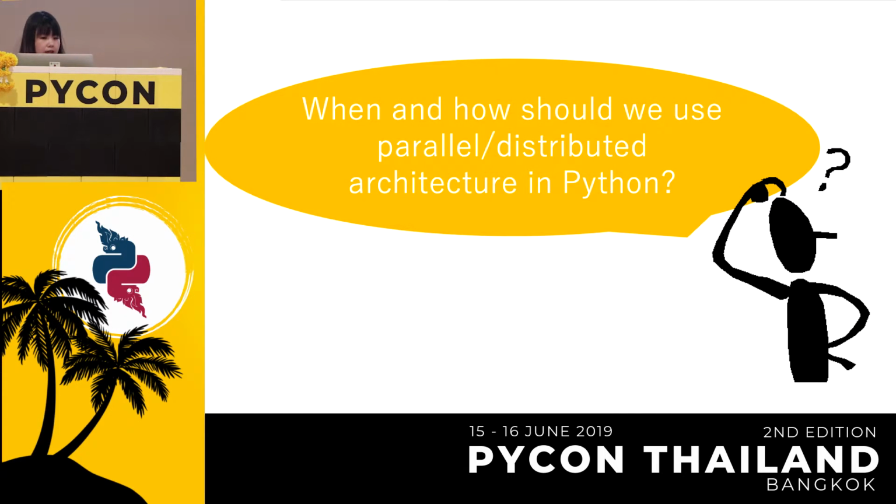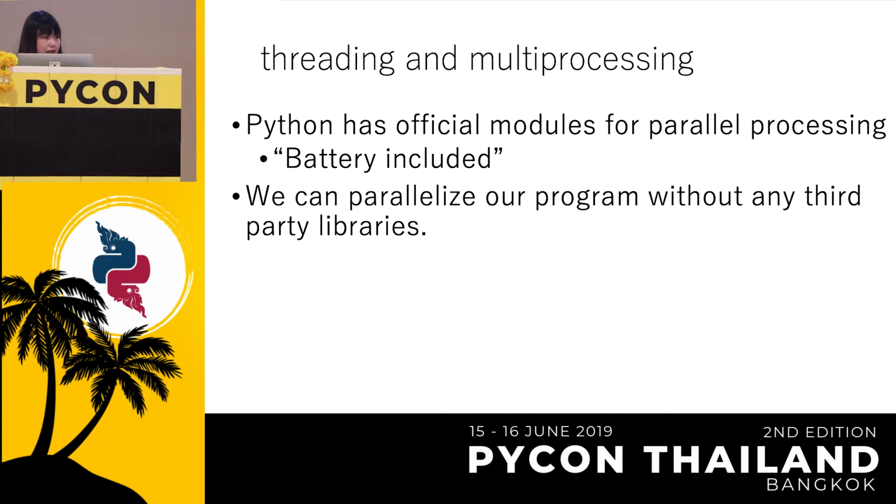So when and how should we use parallel and distributed architecture in Python? The previous talk was a general talk about distributed processing. Now I start to talk about Python's parallel and distributed processing.